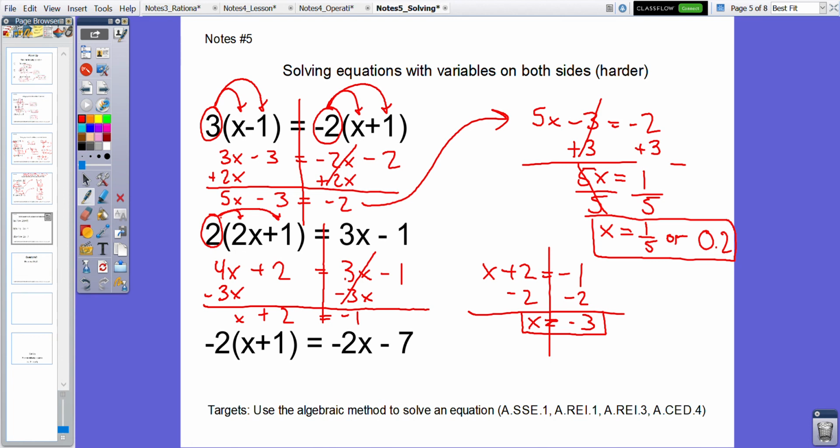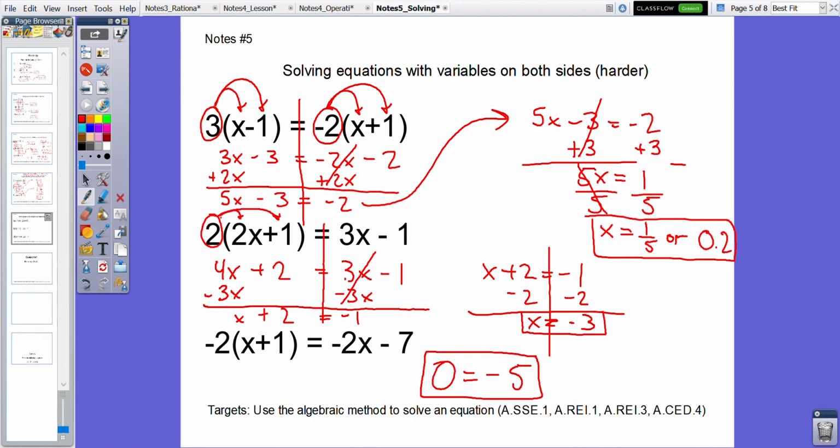All right, for this example here, once you got rid of your variables, you should have ended up with something that looks like this. You should have ended up with 0 equals negative 5.